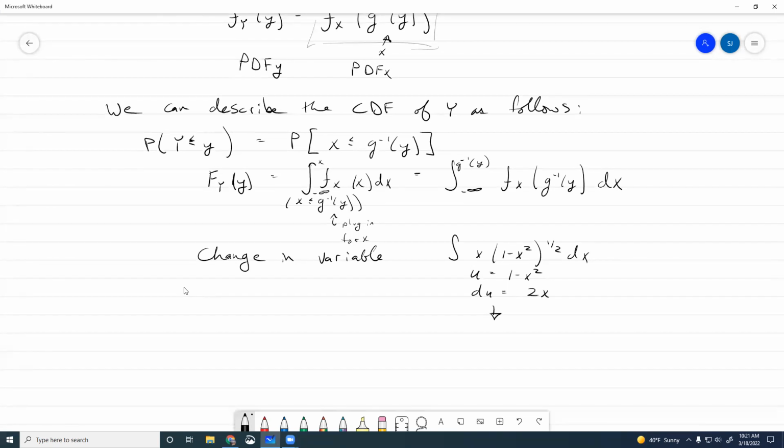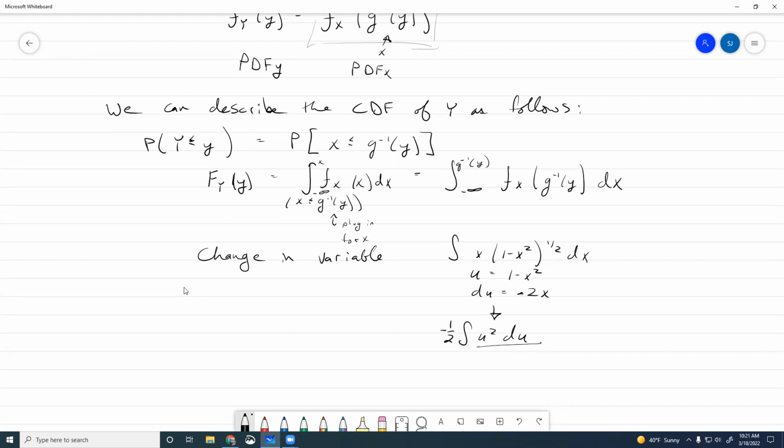Then we can sub those in, change the variables, and this ends up being negative 1/2 u to the 1/2 du, right? So the 1/2 cancels out this negative 2. We've already got the x right there, so that's the part of the du. And then this is our u. So we're just substituting in the variables to make a more simplified integral.